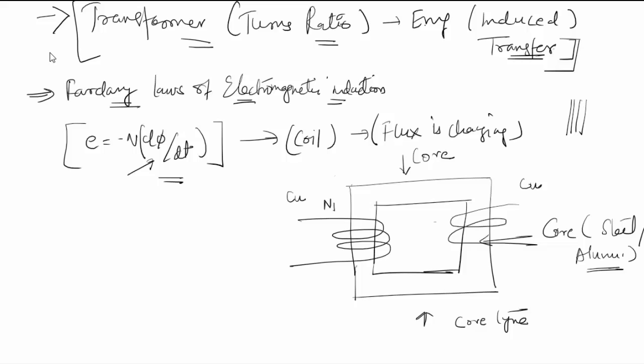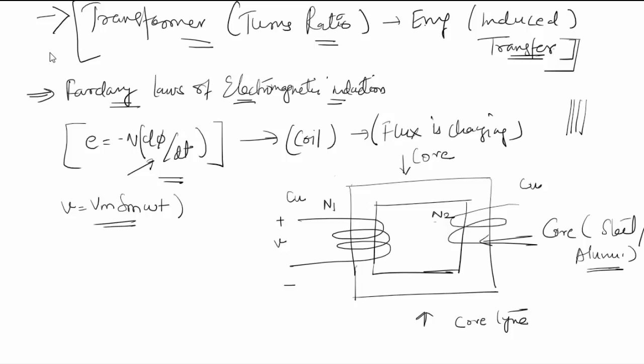So this can be n1 turns, and there is n2 turns here, and I am applying a voltage V here. So V is given by Vm sine omega t. This is the equation of the AC voltage which I am applying.